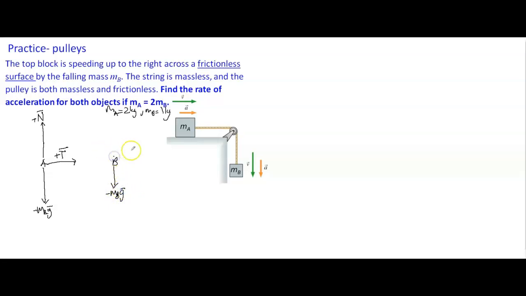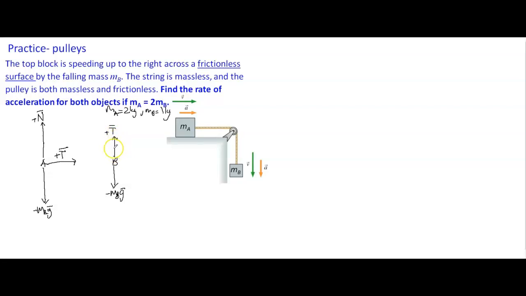And block B only has one contact force, which is the tension T. And so even though the object is falling down, the rope is still pulling it up. A lot of people wouldn't think that the rope would still be pulling on this object, but it still is. Ropes only pull, okay? And it's not slack or anything like that.